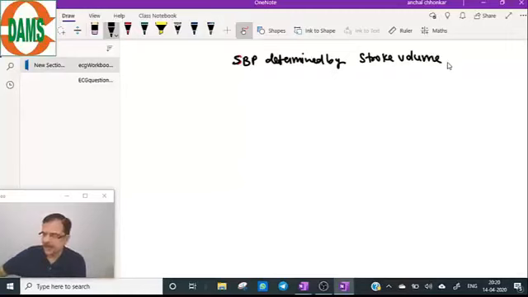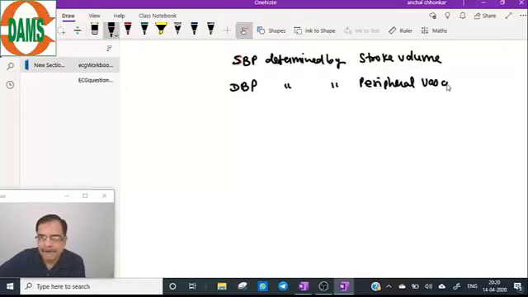This is a basic. While the diastolic BP is determined by peripheral vascular resistance, mainly the smaller vessels determine the peripheral vascular resistance.